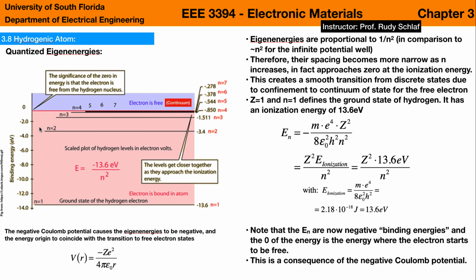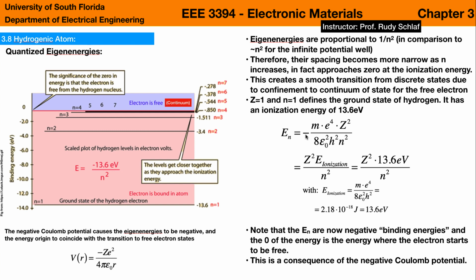Another difference is that the energies are now negative. They're called binding energies. The reason for this is clear, because these energies essentially correspond to the energy that we would need to give an electron that is on one of these discrete energy levels in order to make it a free electron.